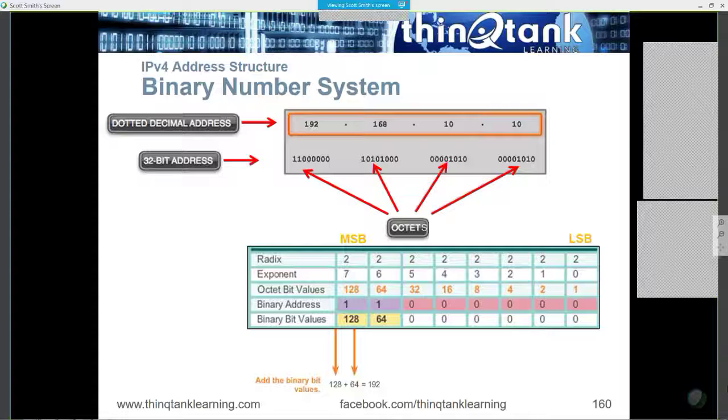All right. IPv4 addresses are 32 bits in length, as you can see here, written in dotted decimal format. We did a little bit of discussion yesterday about how to convert from that dotted decimal format to a binary format. We use the radix scale, right? 2 to the power of 0, 2 to the power of 1, 2 to the power of 2, etc. Each octet is 8 bits in length.